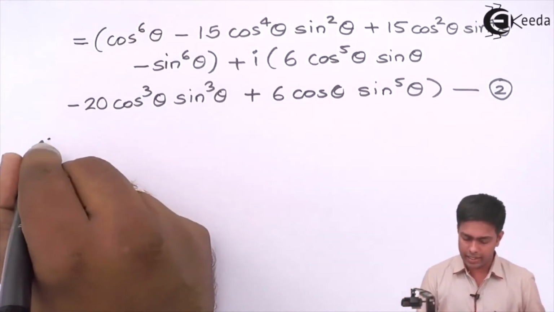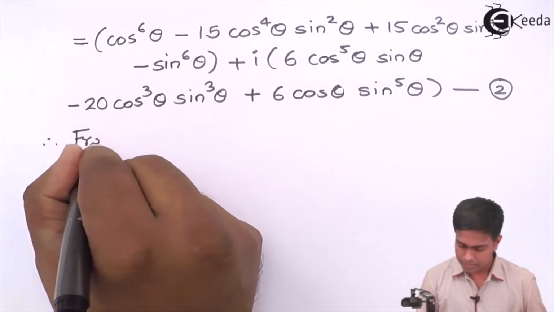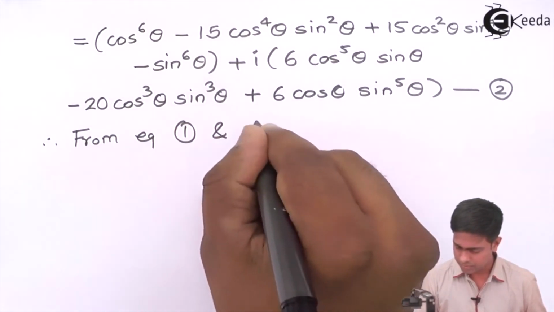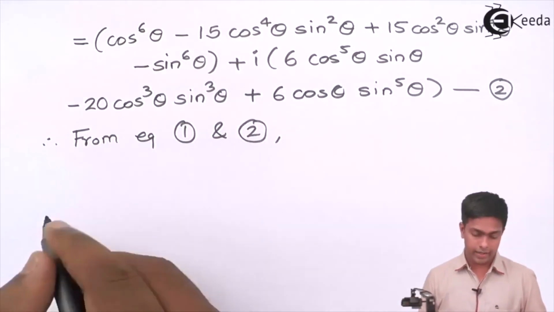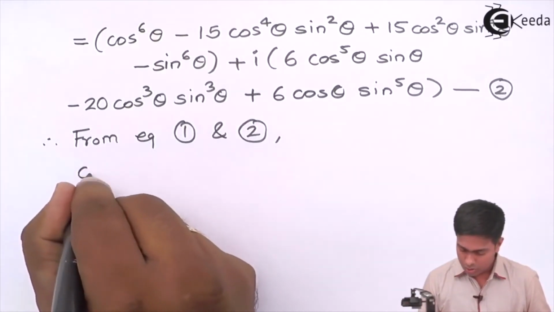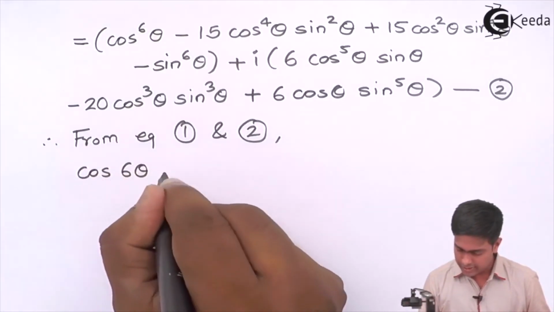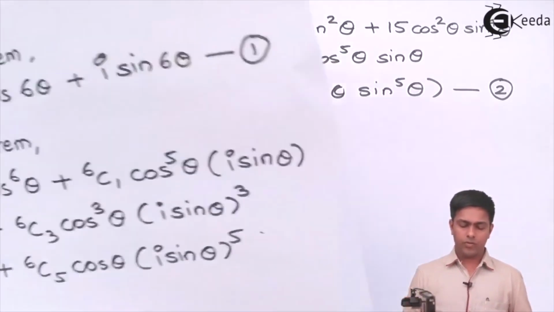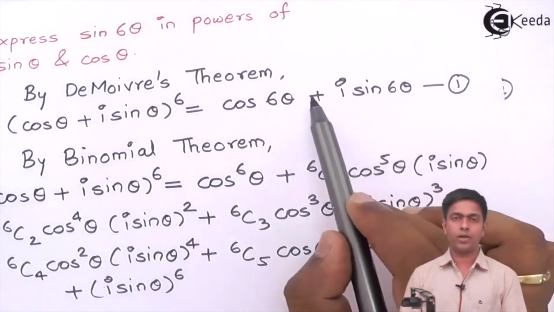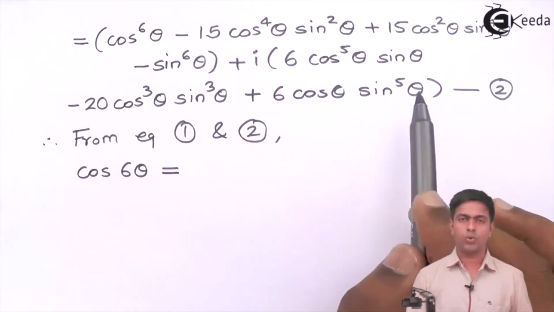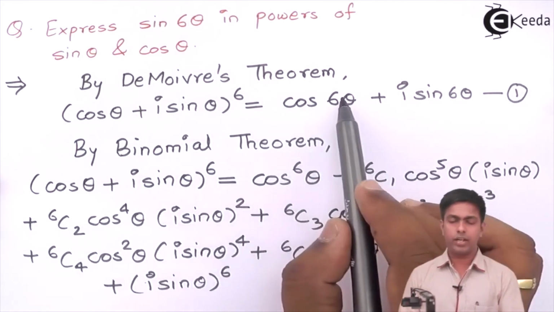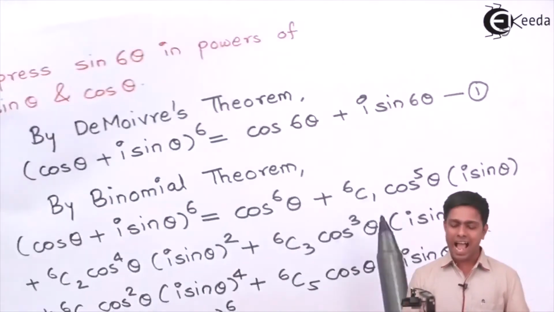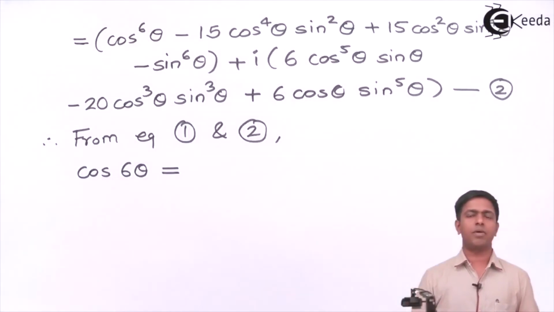So here I'll say therefore, from equation number 1 and 2, we will get cos of 6 theta equal to. Now, as we are equating the right hand side of equation number 1 and 2, we'll equate the real part with the real part of equation number 2 and the imaginary part with the imaginary part of equation number 2.